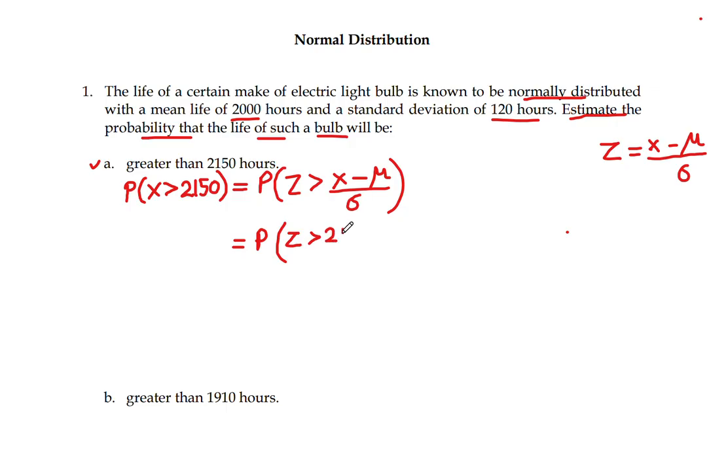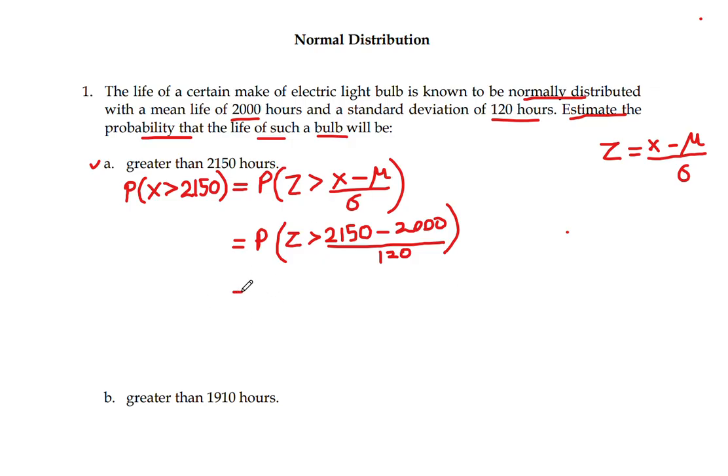So here I will have the probability that Z is greater than 2,150, take away mu. Mu is given to us in the question as 2,000. That's the population mean, mu. And this will be all over sigma, the standard deviation, which is 120 hours. So that's sigma equal 120, the standard deviation.